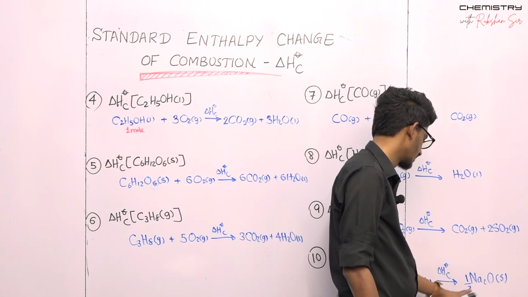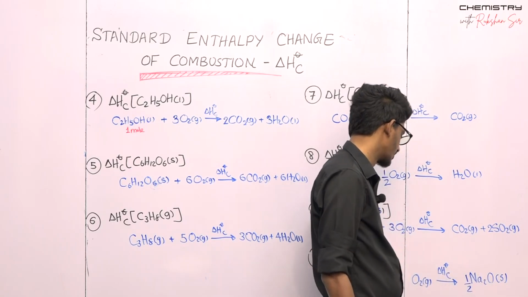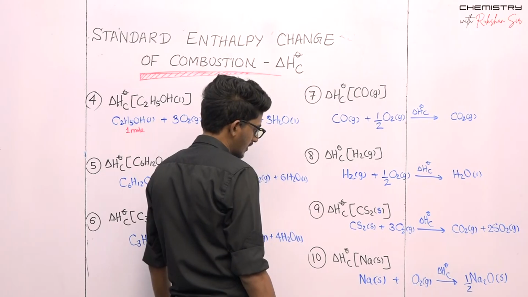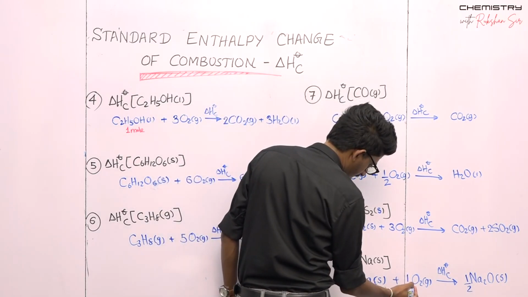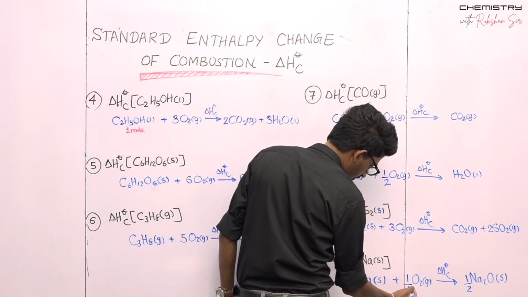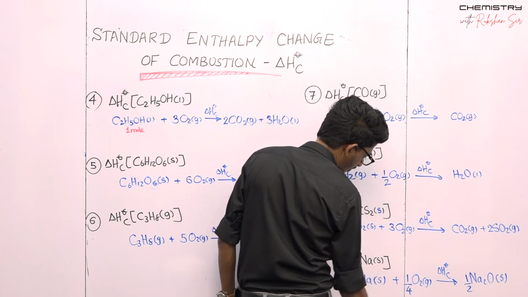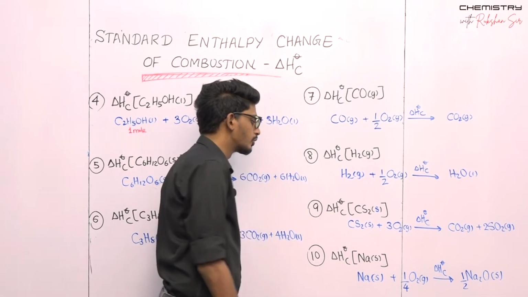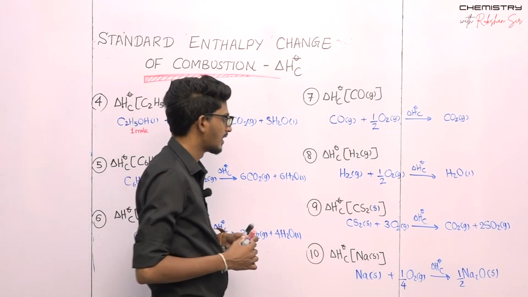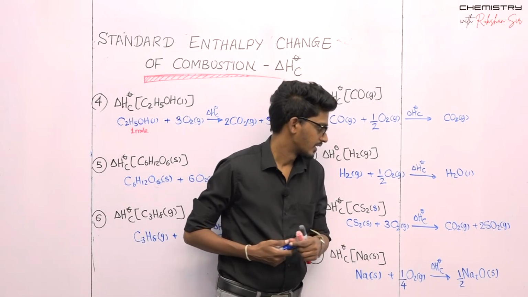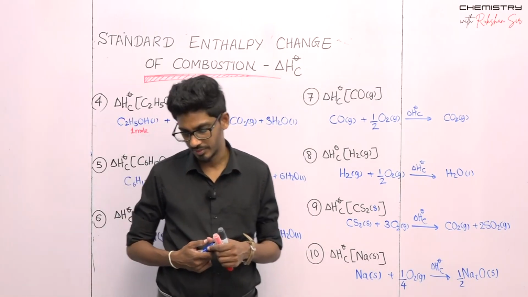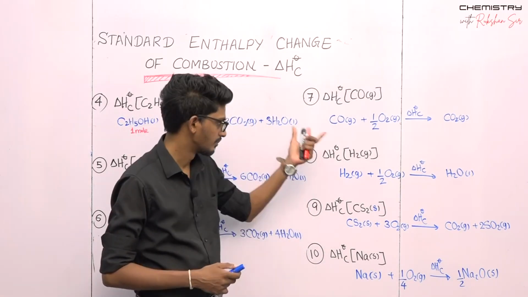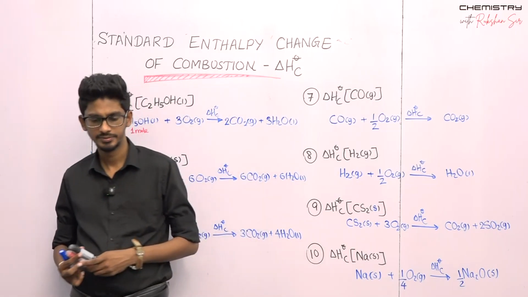Half oxygen appears on the right-hand side, so you need 1/4 of O2, which will provide half of the oxygens. So these are the answers for the question on page number 20. So just complete it, Lama. Just complete.